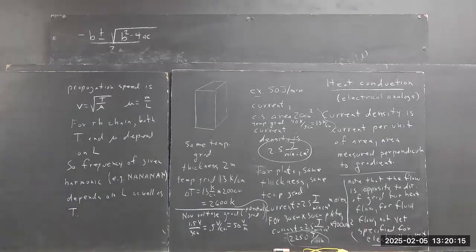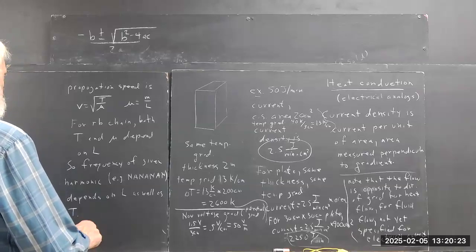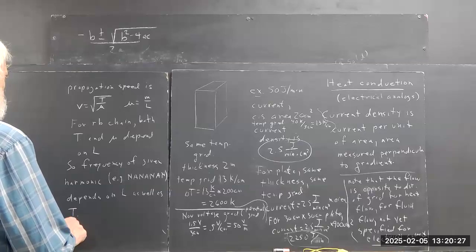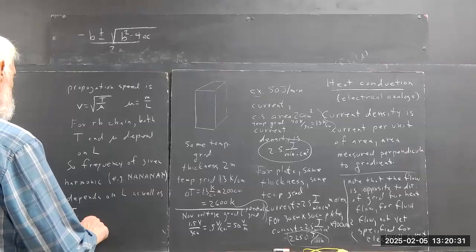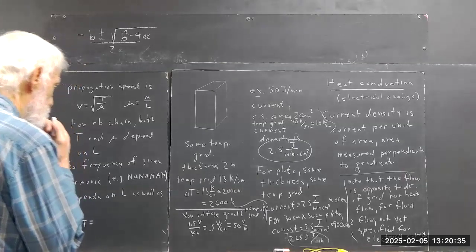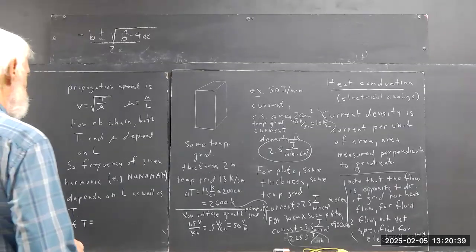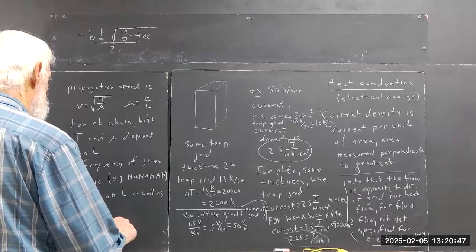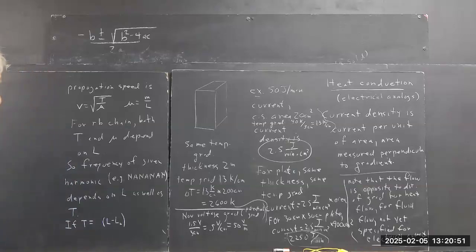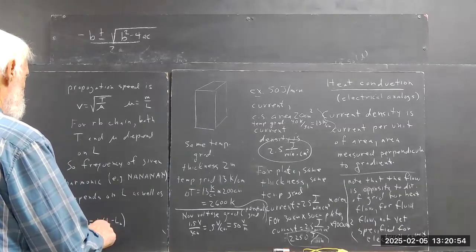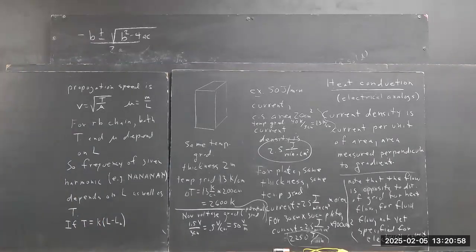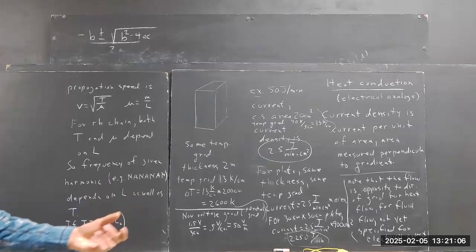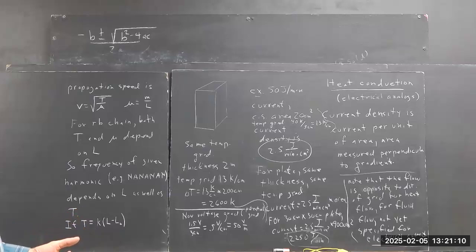Well, the frequency depends on the length as well as the tension. Now, I need a proportionality constant, and I think I can get away with using K, times L minus L naught, where L naught is the length of the thing when you've got just enough tension to straighten out the rubber bands.